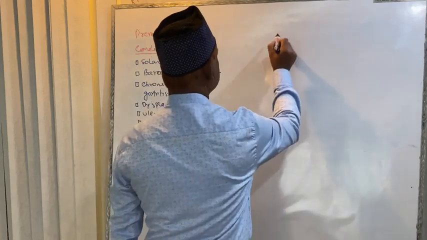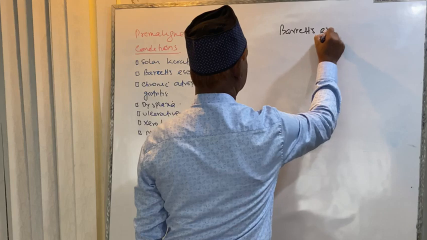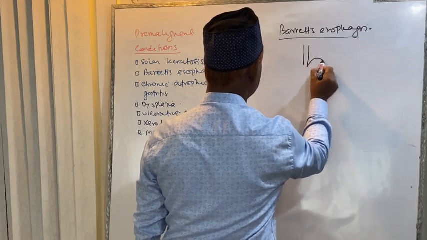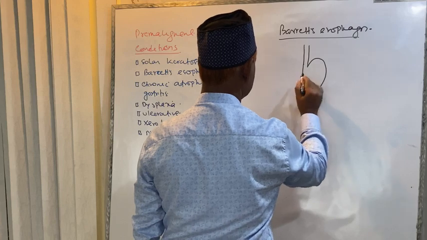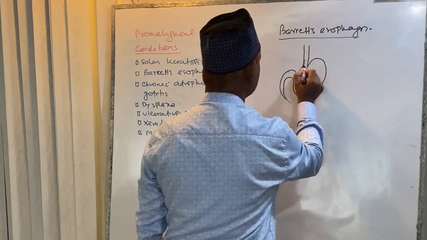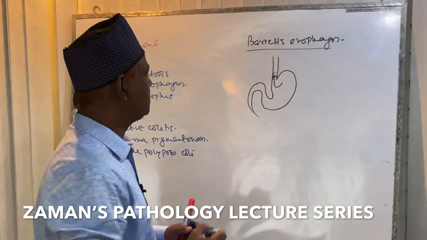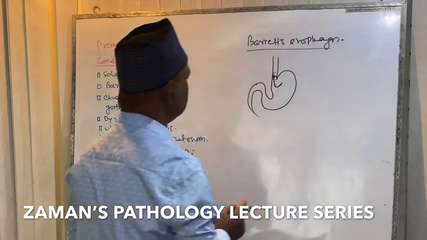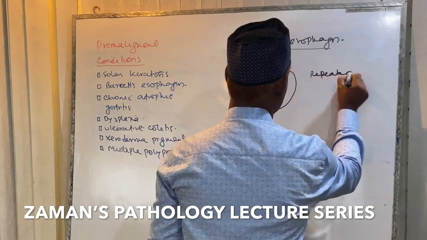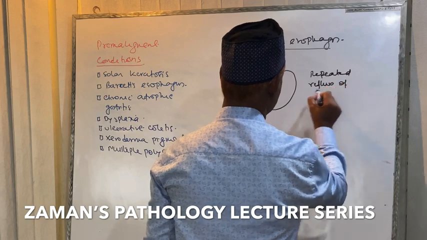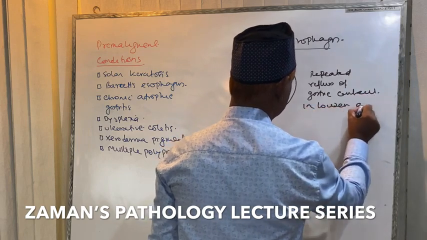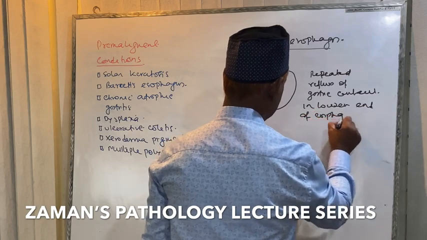First come to Barrett's esophagus. Dear audience, if this is the esophagus and this is the stomach, and this is the lower end of esophagus, if there is repeated reflux of gastric content in the lower end of esophagus, what will happen?